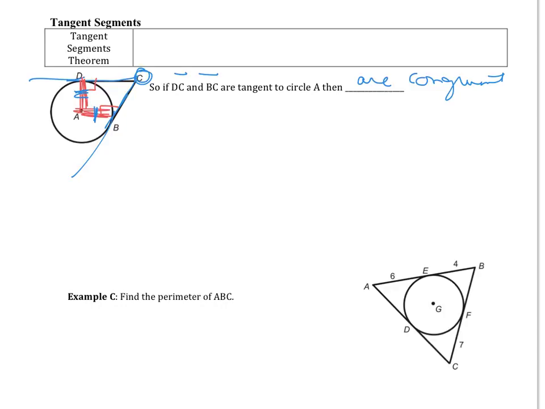And as part of our definition of a kite, we know that these two remaining sides of the kite are congruent. So anytime we have two tangent segments outside, and we draw in the two radiuses to the points of tangency, we basically will form a kite. But the meaning today of the big idea is that these two segments, one here and one here, are congruent to each other, which leads to an interesting question.